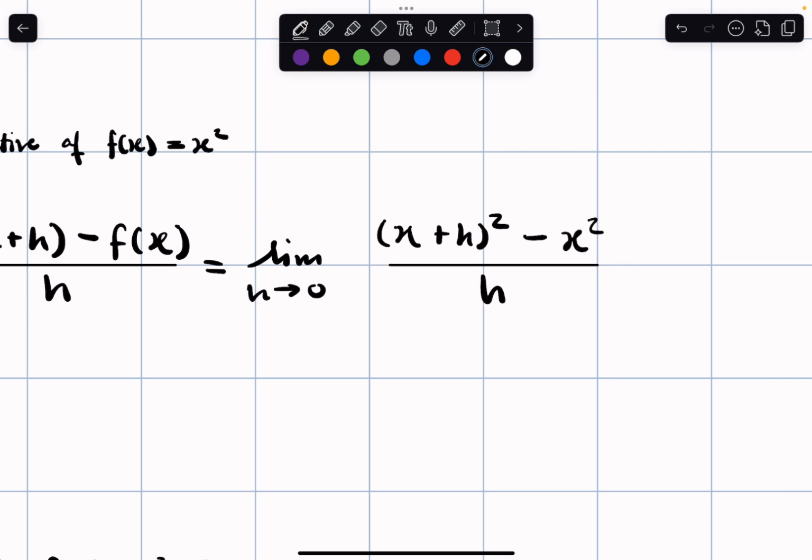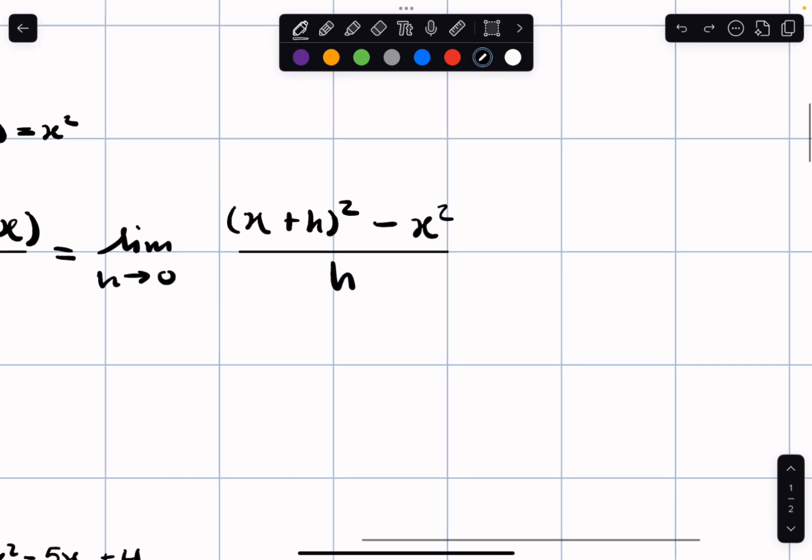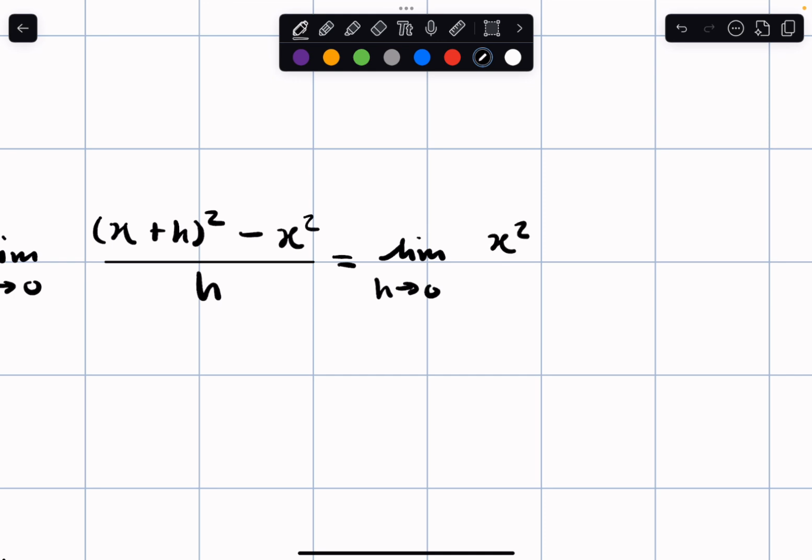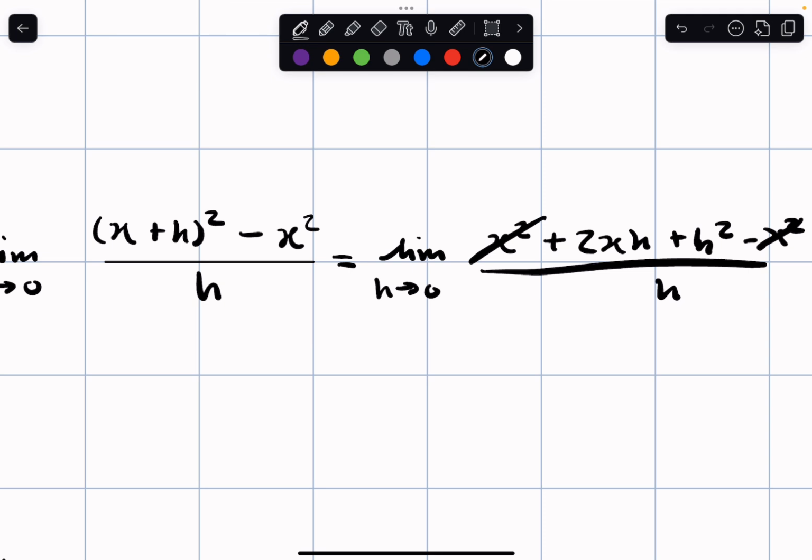So in order to solve this limit, we have to expand the x plus h squared out, and we'll rewrite the limit one more time for the sake of consistency and correct mathematical notation. When that is expanded, you'll get x squared plus 2xh plus h squared minus x squared divided by h. So these two x squareds will cancel out.